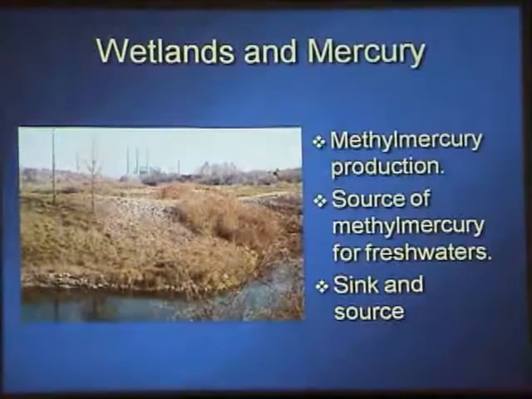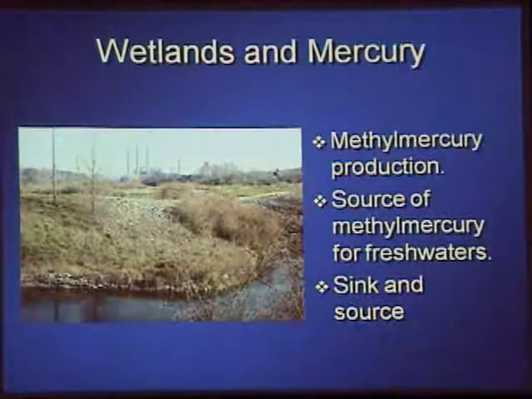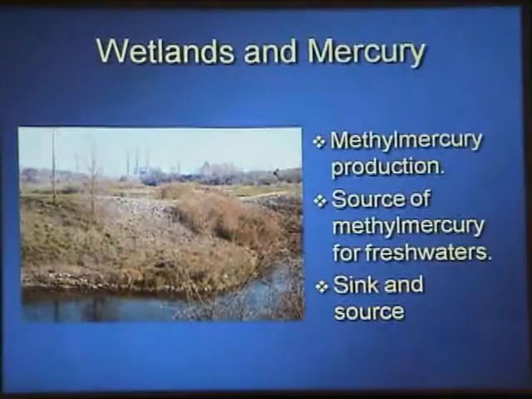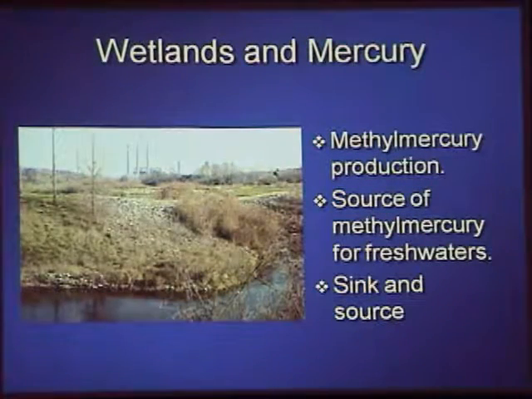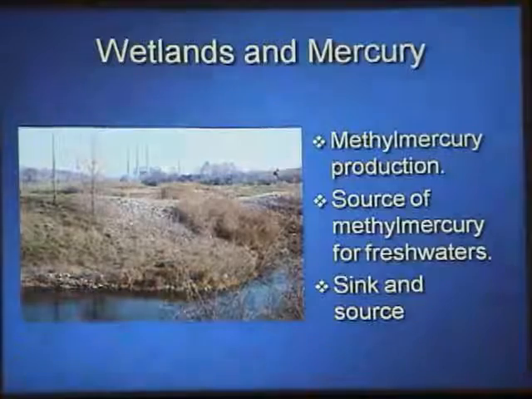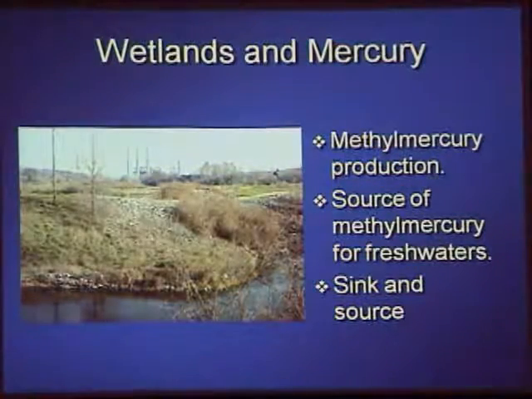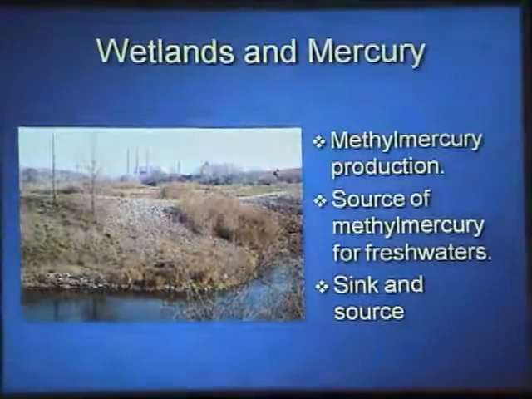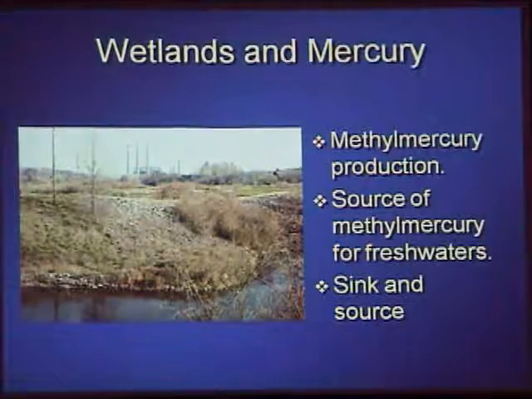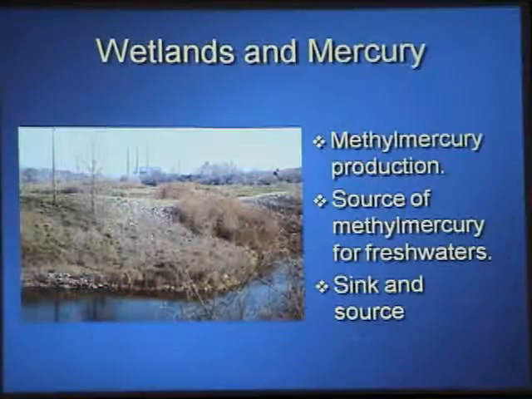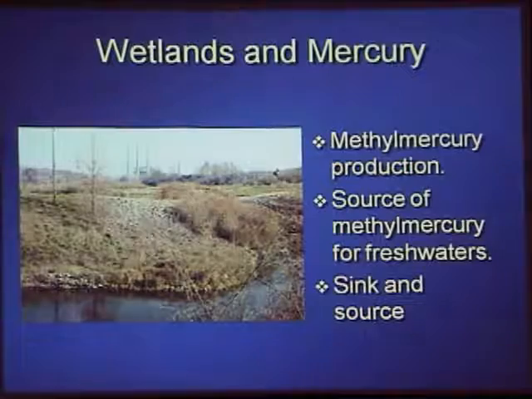And then, especially in aquatic systems that will dry down periodically and reflood, during flooding periods we have mercury that can move from these wetland systems into rivers and lakes and become a source of methylated mercury to other systems.